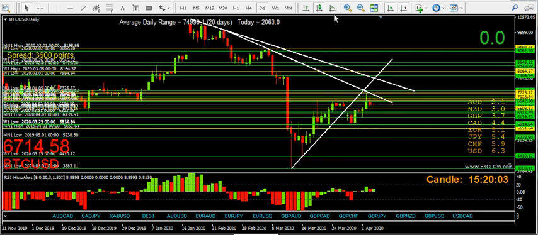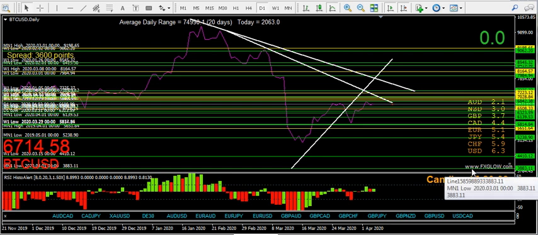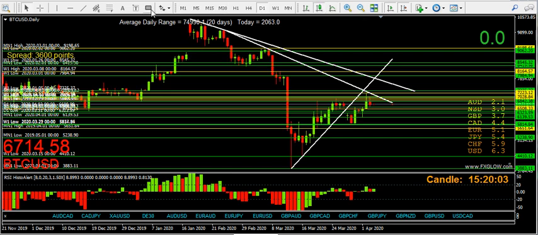You can use the line chart if you want, just to see the trends going on here, in my opinion. You can never have too much good information on your charts. The minute that high broke that there, this became a valid connection point, and you could really dispense with that one then. In my opinion, just clean the charts up.